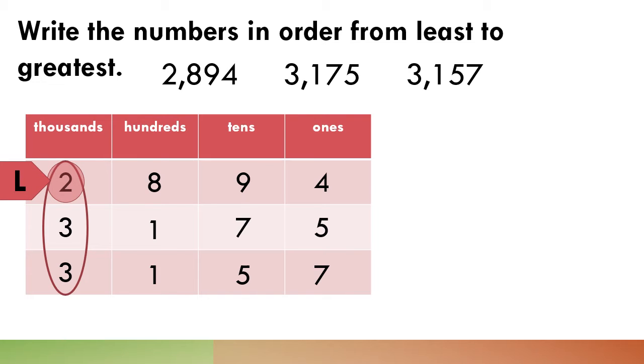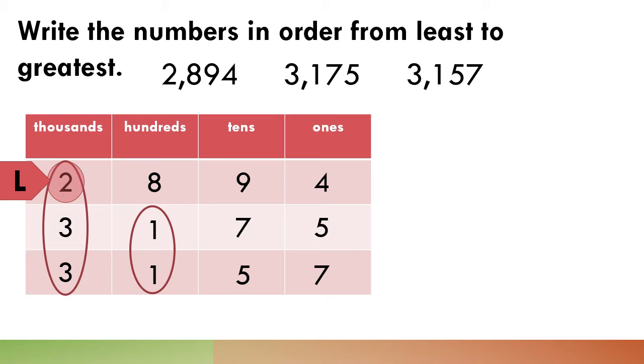So now that one is out of the way, we have to figure out what order the next 2 numbers come in. So we have to go to the hundreds column and compare the digits in those 2 numbers only. We don't have to compare the 8 because that's part of 2,894, which we already know is our least number. Now here we see that 1 is equal to 1.